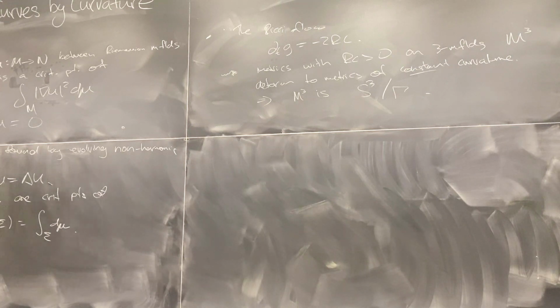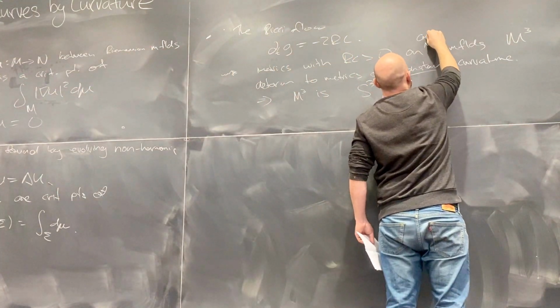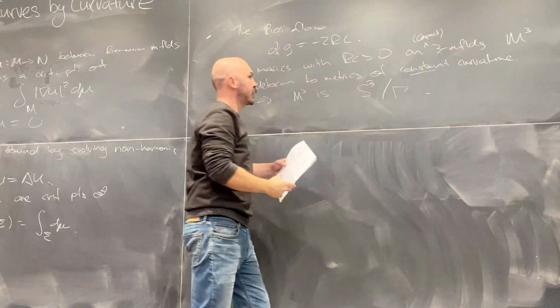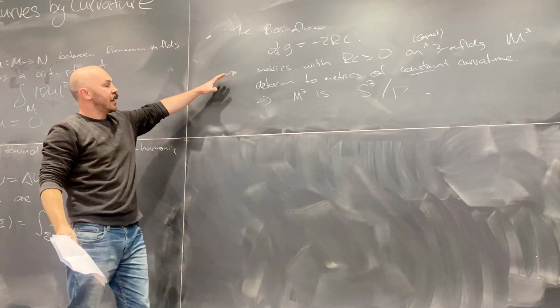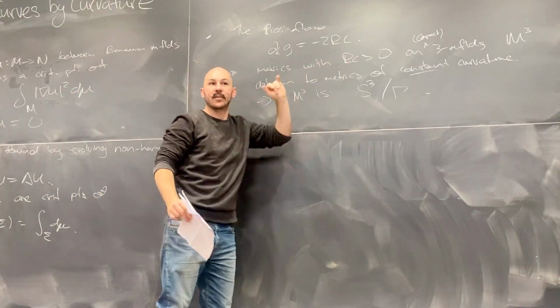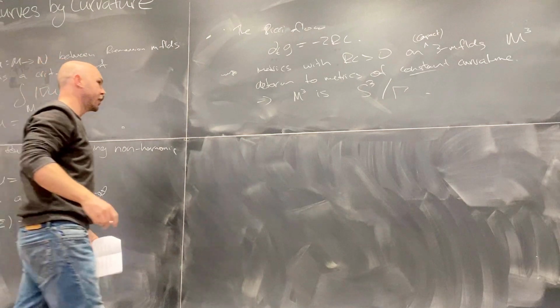I should say compact. So in any case, your theorem tells you that, for example, the three-dimensional torus cannot admit a metric with this condition. Okay, so this was basically the starting point.